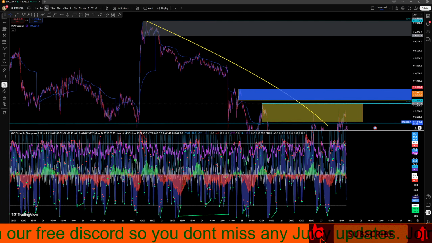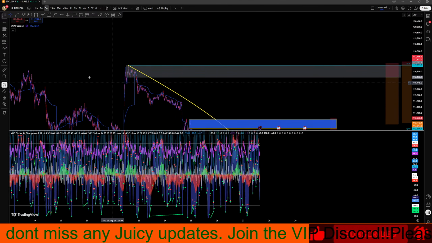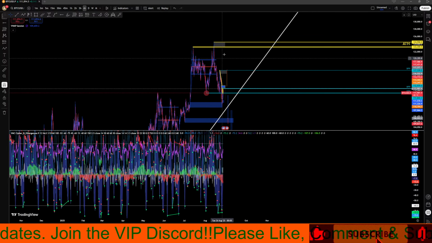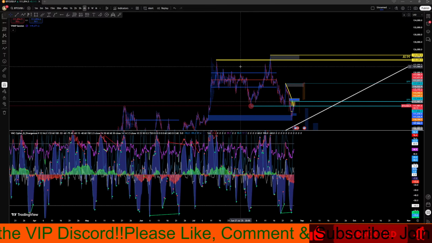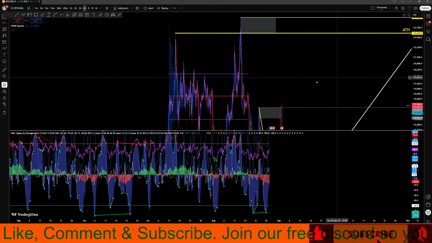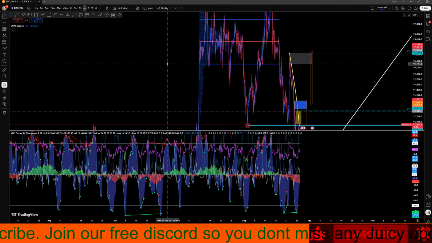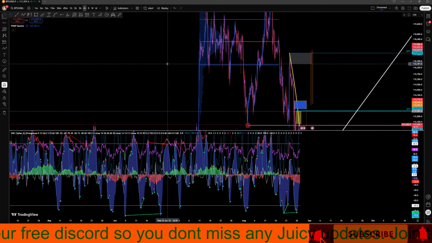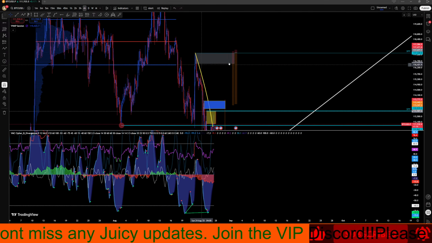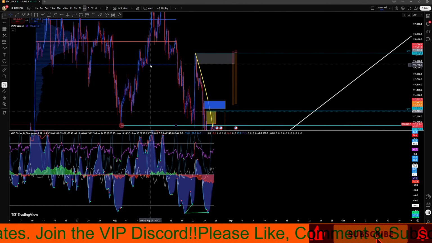So let me just share what my take profits are with you all. Take profit 1 on the long trade will be at this level here, which is coming in right around 116,500. And why 116,500? Well, we have an area of supply here, we have value area low here.